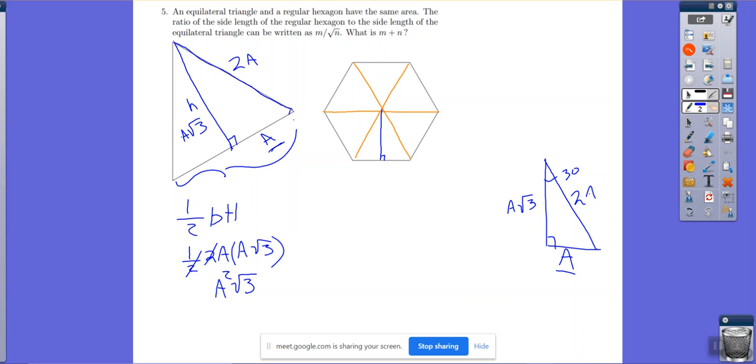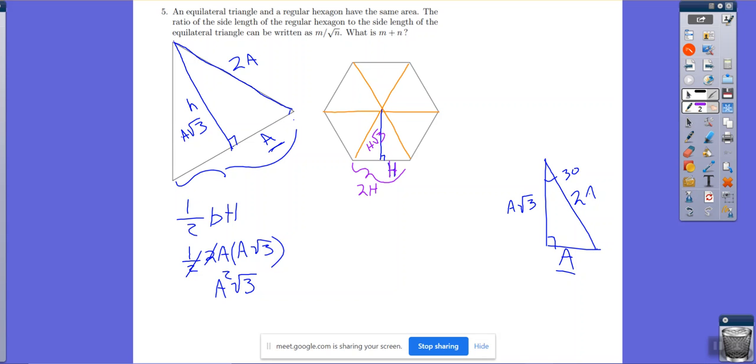I'm going to use H for hexagon, A for triangle, because the triangle looks kind of like an A. All right, so I'm going to call this H, which means that the base of this equilateral triangle is 2H, and the height is going to be H times the square root of 3.